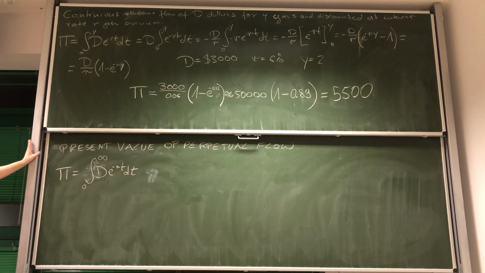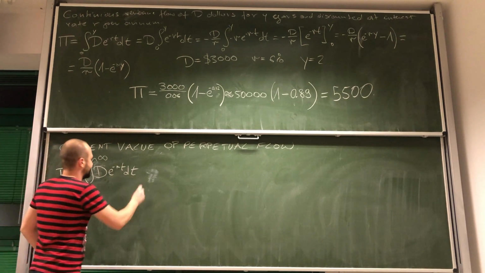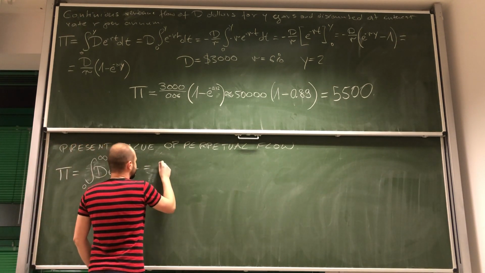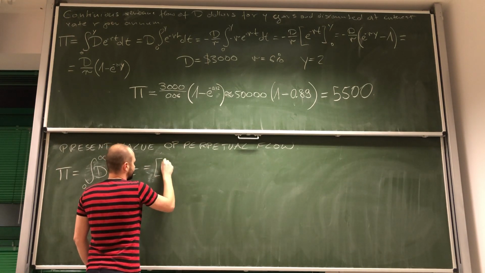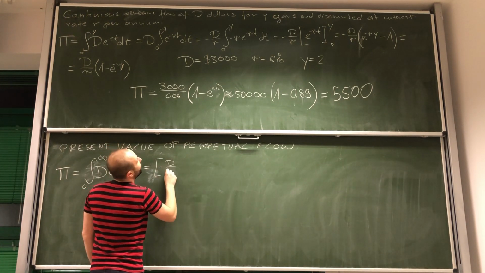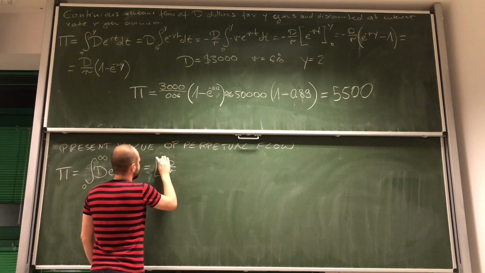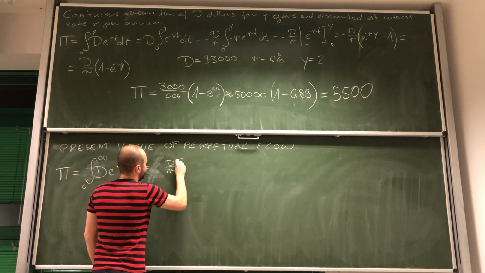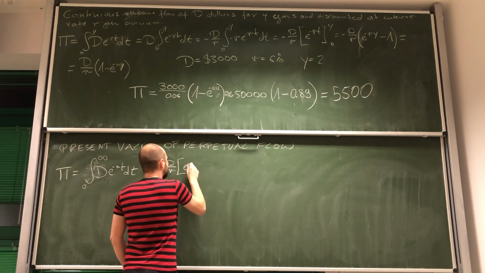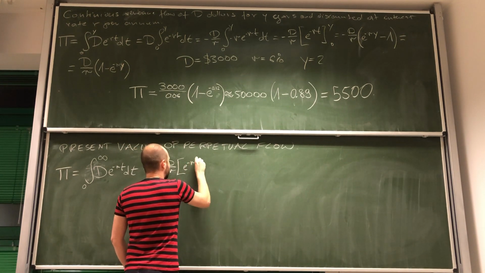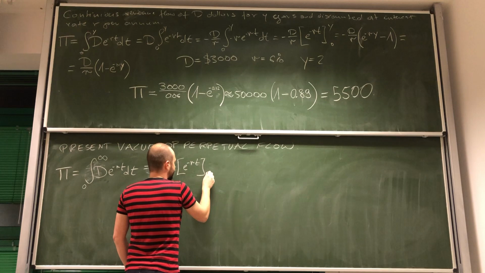Now, what else? So we already calculated, right, that this expression is equal to minus d over r, e to the power negative r t.